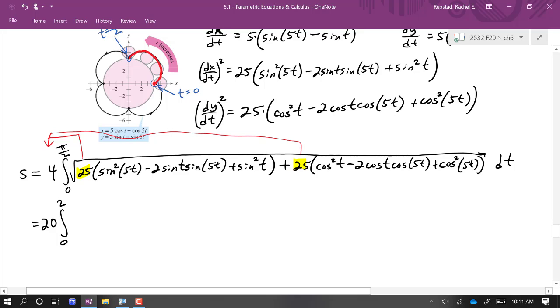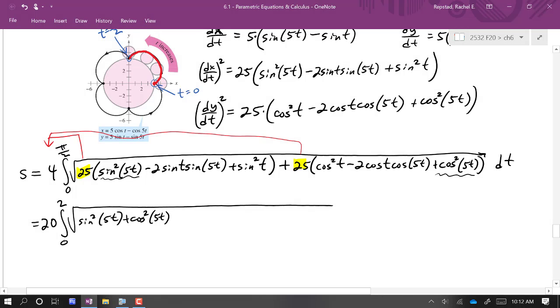And now what we've got is the square root of, okay, so I've got sine squared 5t. I'm going to rearrange these terms. Sine squared 5t plus cosine squared 5t, plus, and as I do it, I'm going to strike through to keep track of what I've already accounted for.